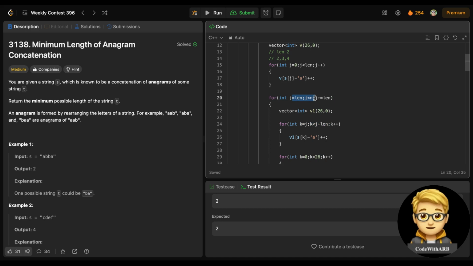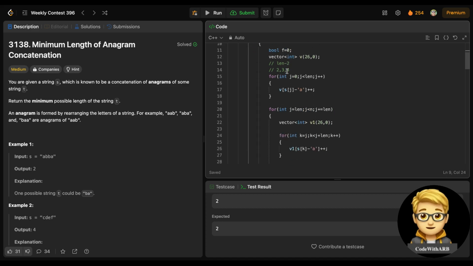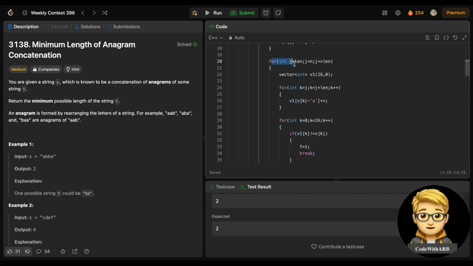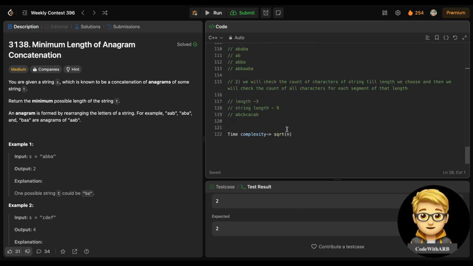For every divisibility, we are only iterating this string one time. Why? Because we are jumping the index by this length. So this whole is only O of n, right? So this will be O of n into root n, right?